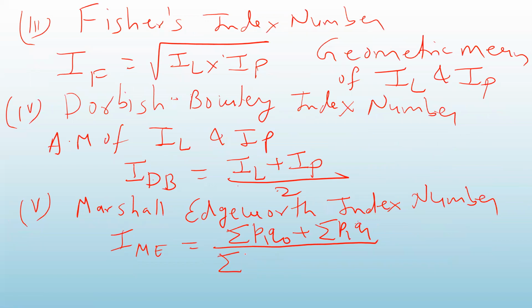So it is summation of P0 Q0 plus summation of P0 Q1, into 100. This is how we get Marshall-Edgeworth. Now we will solve the problems to calculate these 5 types of index numbers.